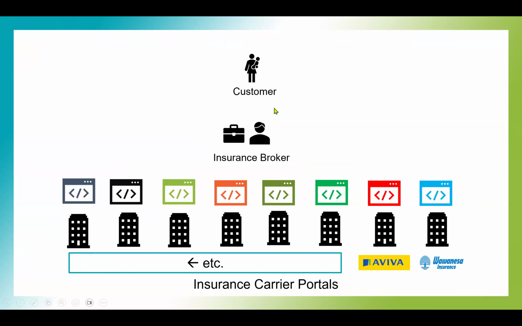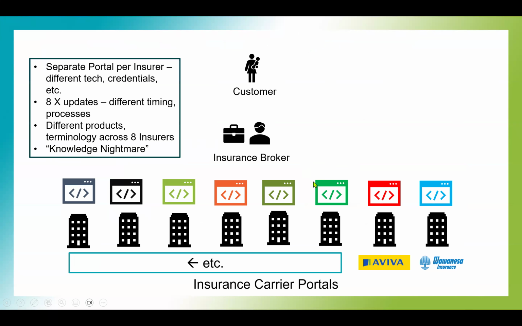So here's the issue. A customer comes into an insurance broker and asks for a quote. The insurance broker works with a bunch of different insurance companies, for example UW Insurance, Aviva, and many others. These are insurance carrier portals, like websites. So the broker has to go manually to each of these websites to get a bunch of information.